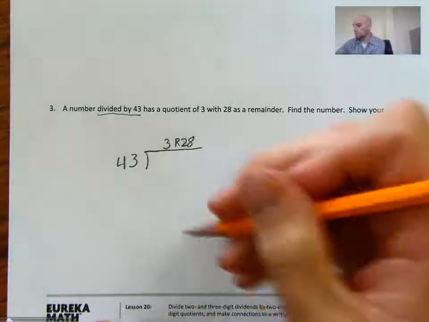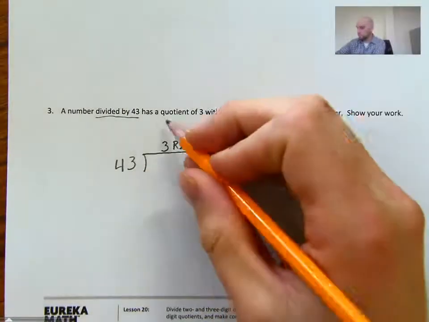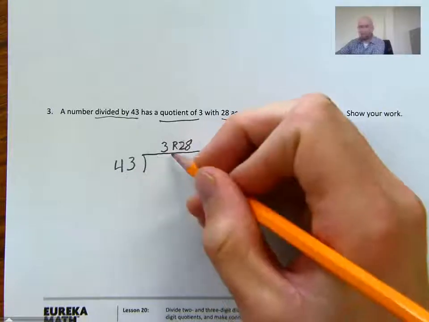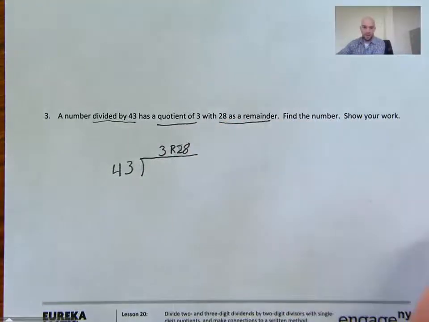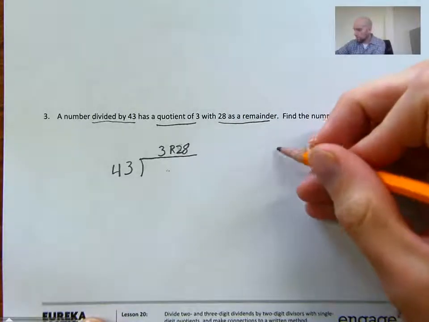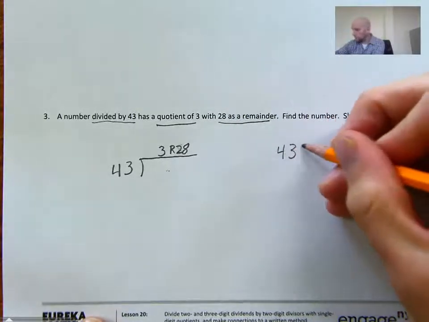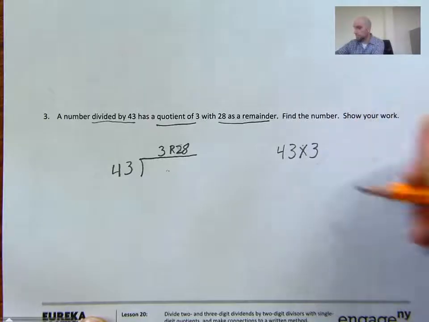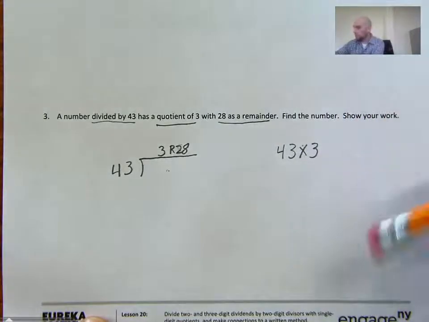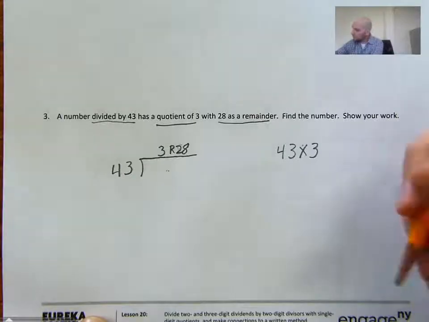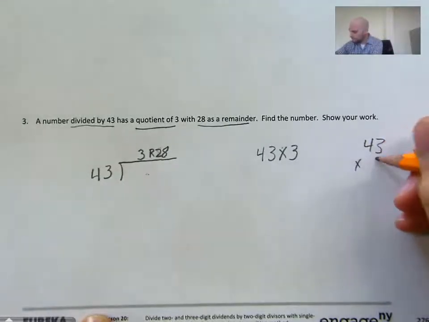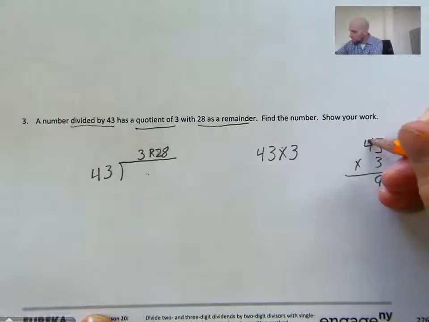So if I multiply 43 times 3 and I add 28, I should get this number here. So 43 times 3, because multiplication is the inverse of division. Well, I'm going to do it the other way. 43 times 3, 9.